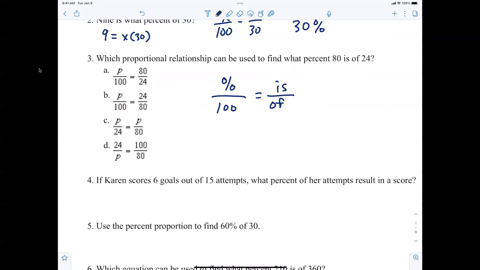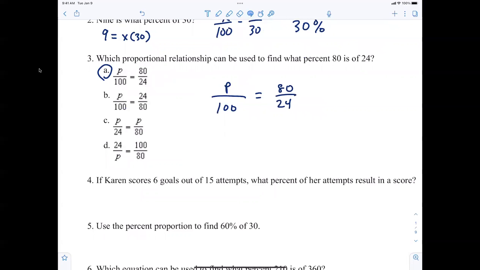Yeah. So you were correct. That's the variable, so that's P over 100. Now remember, it's is over of. What's next to the is? What number? There you go. So isn't it 80 over 24? That's perfect. All right.